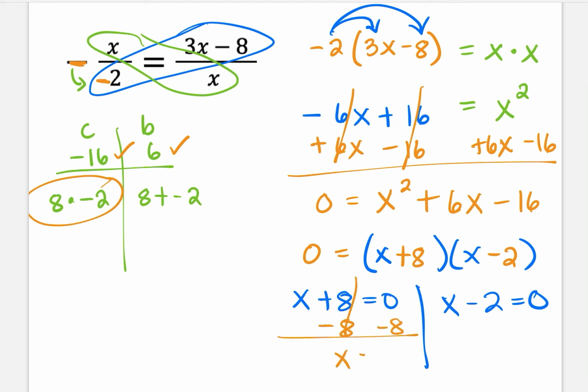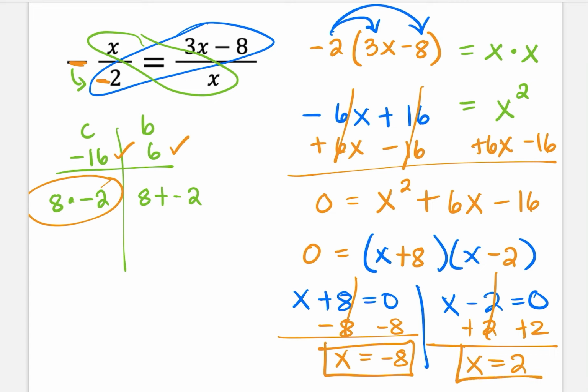So the final answer is negative 8 and positive 2. So x equals positive 2. So the values of the variable x are negative 8 and positive 2.